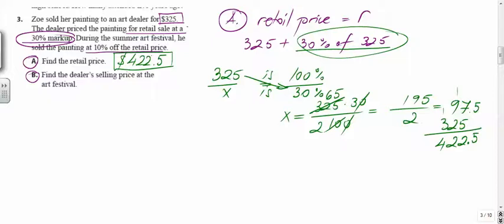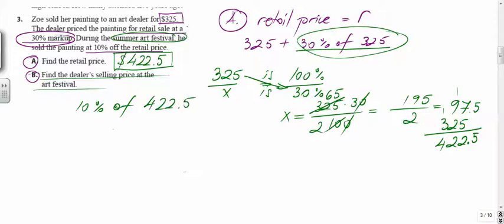Now, something happens before the dealer will sell the painting during the summer art festival. He gives it a 10% discount, right? So finding the dealer's selling price will require you to find first what is 10% of 422.5.